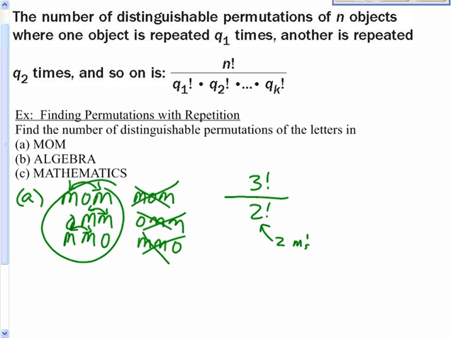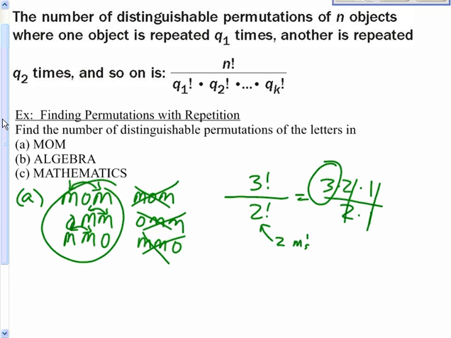How many times is it repeated? Twice. So you've got to take that repetition out. 3 times 2 times 1, over 2 factorial, which is 2 times 1. That's why you get 3 ways to do this. So the little formula there works, and it's nice when you've got bigger things with lots of repetitions, or a lot of events and so on.